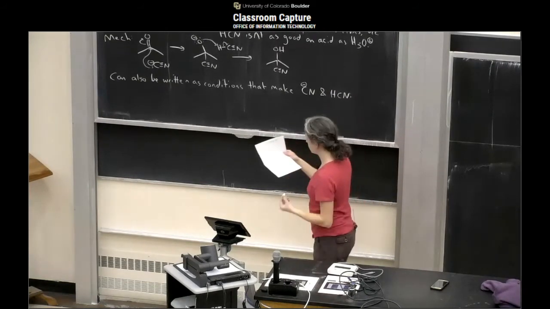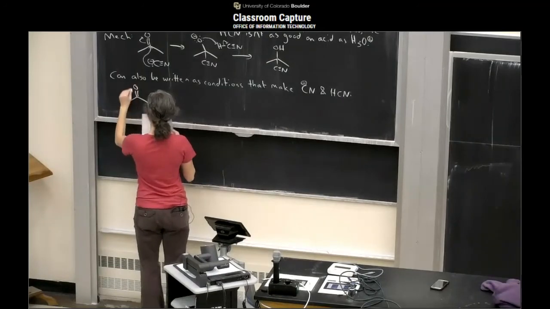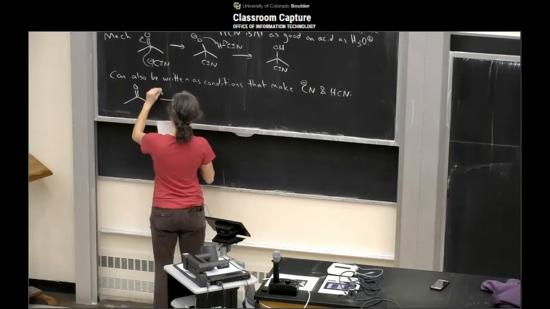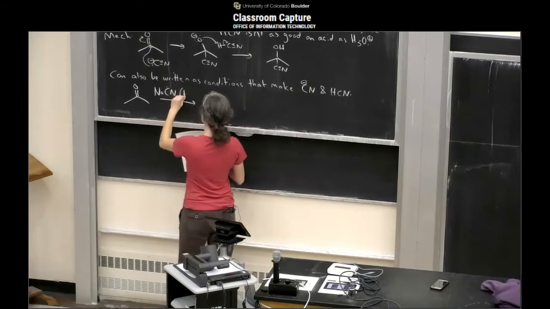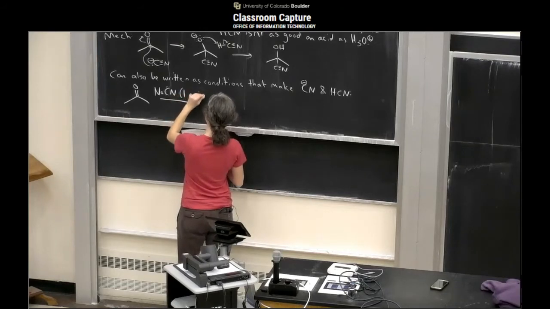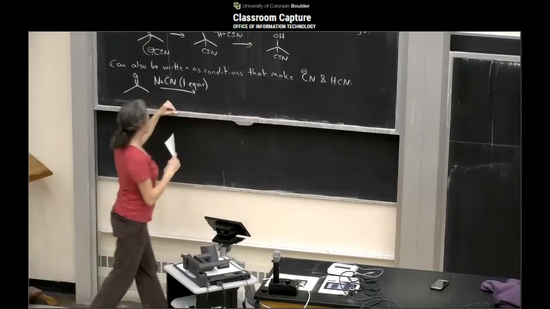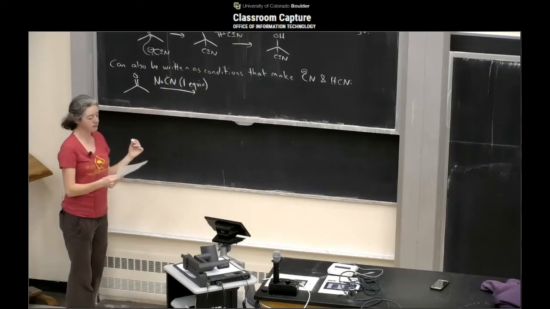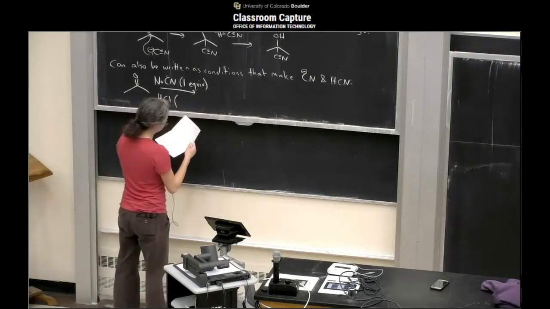A real common historical way of setting this up is NaCN, 1 equivalent, and then something that's going to make some HCN, but not so much that it's going to use up all of your CN−. So like HCl, slightly less than 1 equivalent.